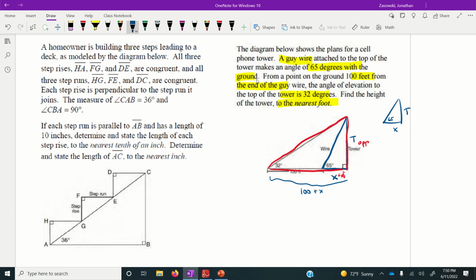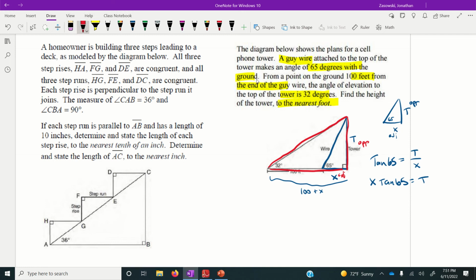All right, so opposite and adjacent, we're going to do tangent. So the tangent of 65 is equal to the opposite, t, over x. And if we cross multiply, we're going to get x times the tangent of 65 is equal to t.